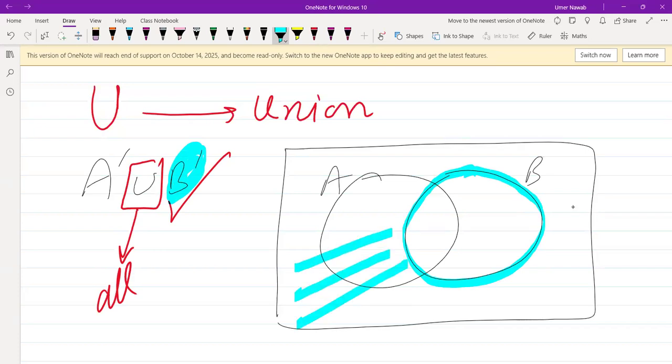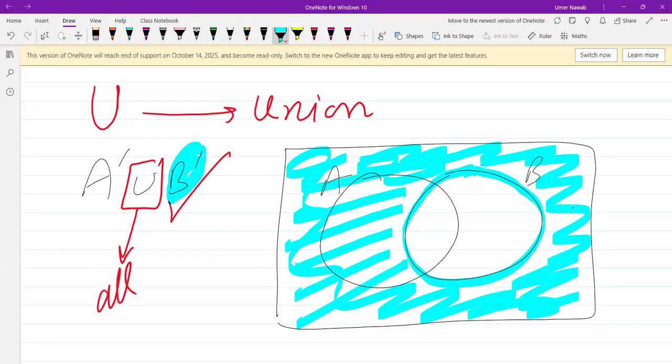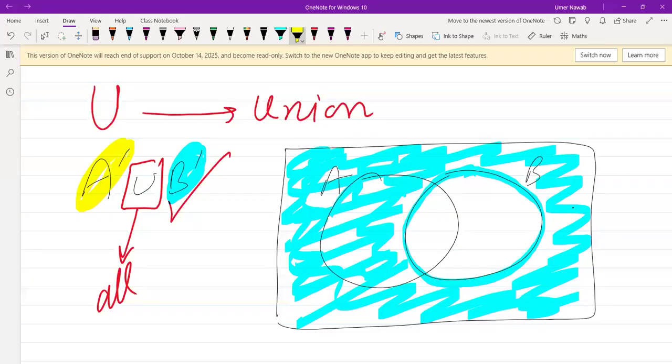You have to shade everything outside. So I'm going to shade everything outside of the circle B. Right? Now, after doing this, I have to shade outside of A. So outside of A, I have to go outside of circle A.